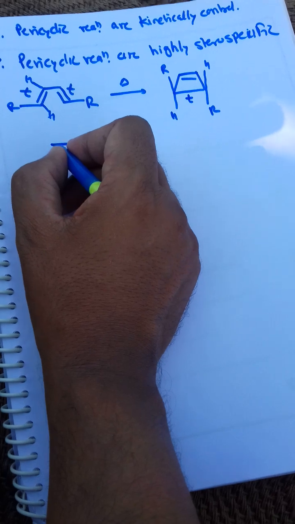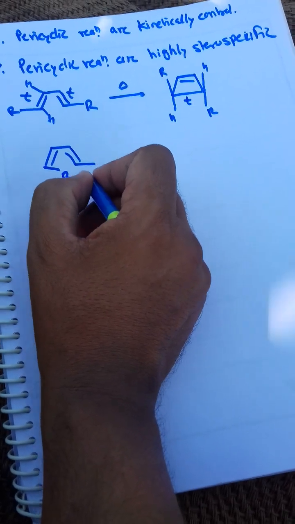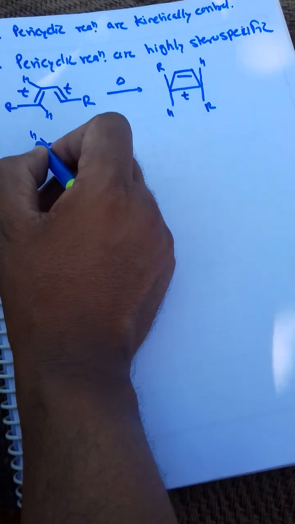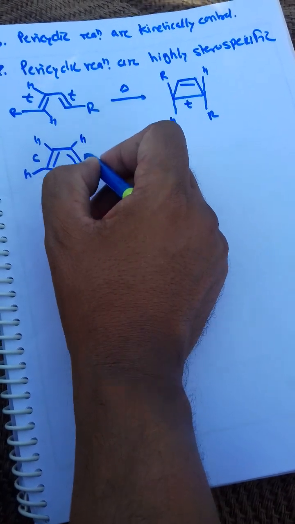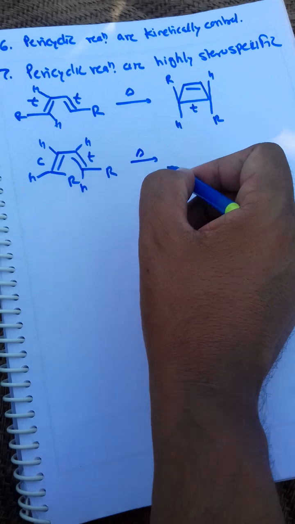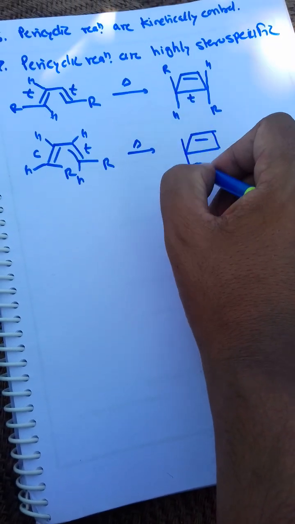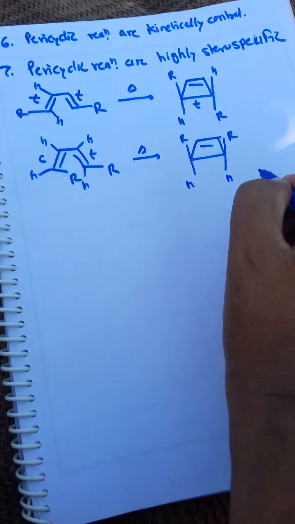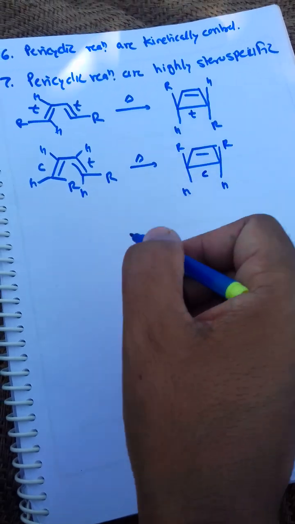So same compound, but the stereochemistry of the terminal R groups is different. Here the stereochemistry of this double bond is cis, the groups are on the same side, and the H groups are opposite, this is trans. In a similar thermal condition, it produces R, R, H and H. The stereochemistry of the sigma bond is cis.